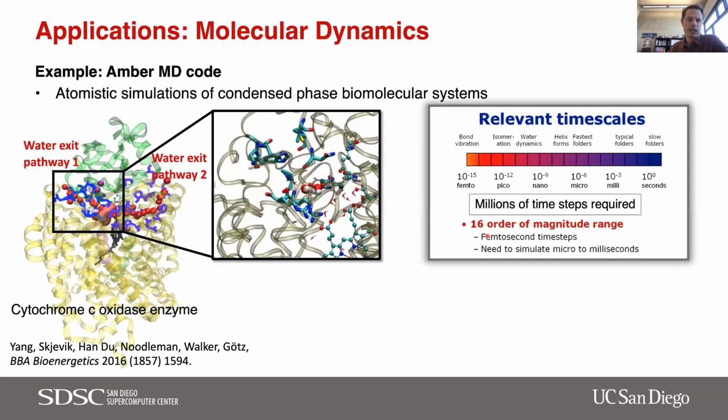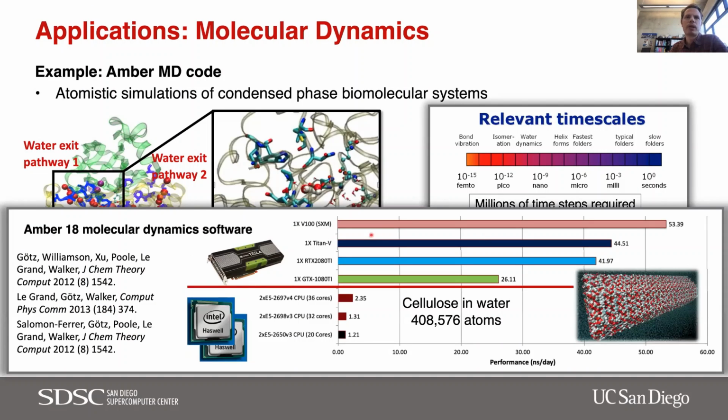I don't want to talk much about that, but this is the Amber code in one of the performance examples where we have a cellulose strand in water that's approximately 400,000 atoms.